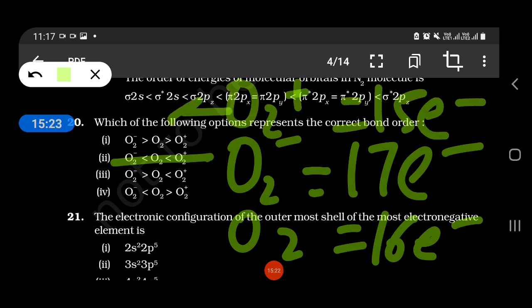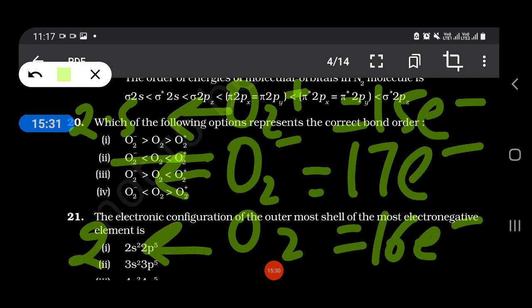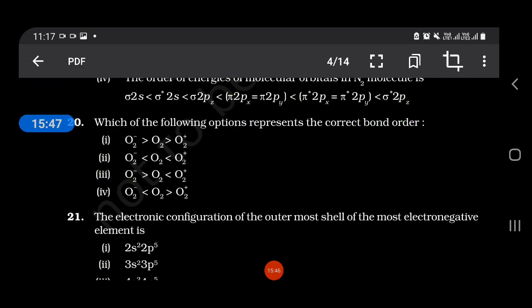So the bond orders are 2.5, 2, and 1.5. So our answer is 2.